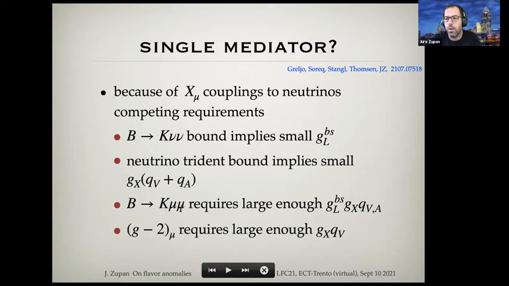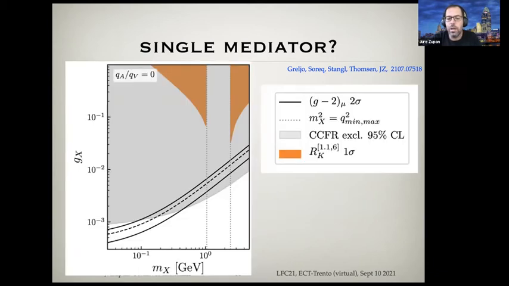So I show this numerically. What's plotted here is the mass of this gauge boson versus the coupling g_X, and I need to fix the relative ratio between the axial and the vector couplings.